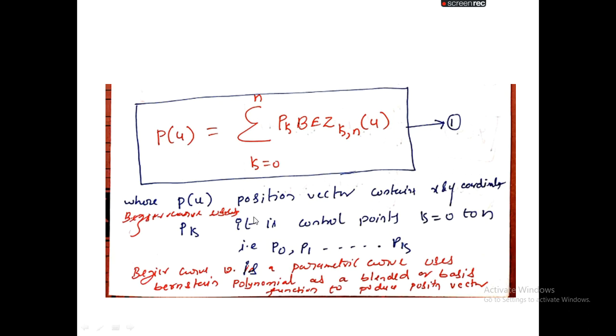Now this is nothing but the Bezier curve equation, where P of u is called the position vector, the sum runs over k equal to 0 to n, P of k is the set of control points, and B of k, n is called the basis function of u. This is equation number 1.